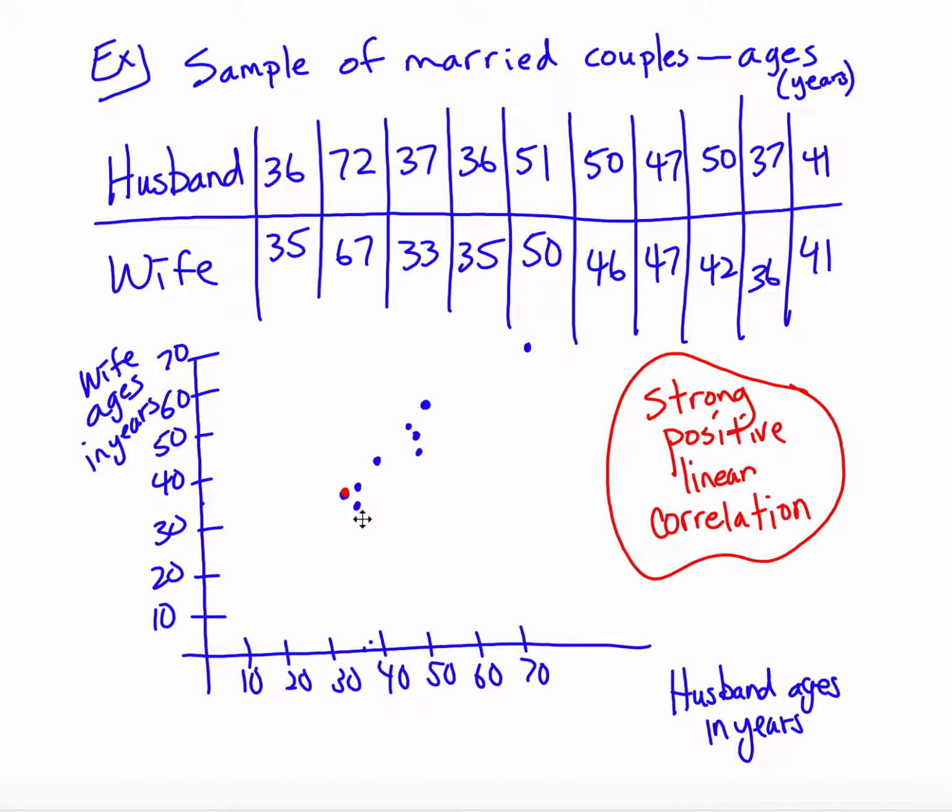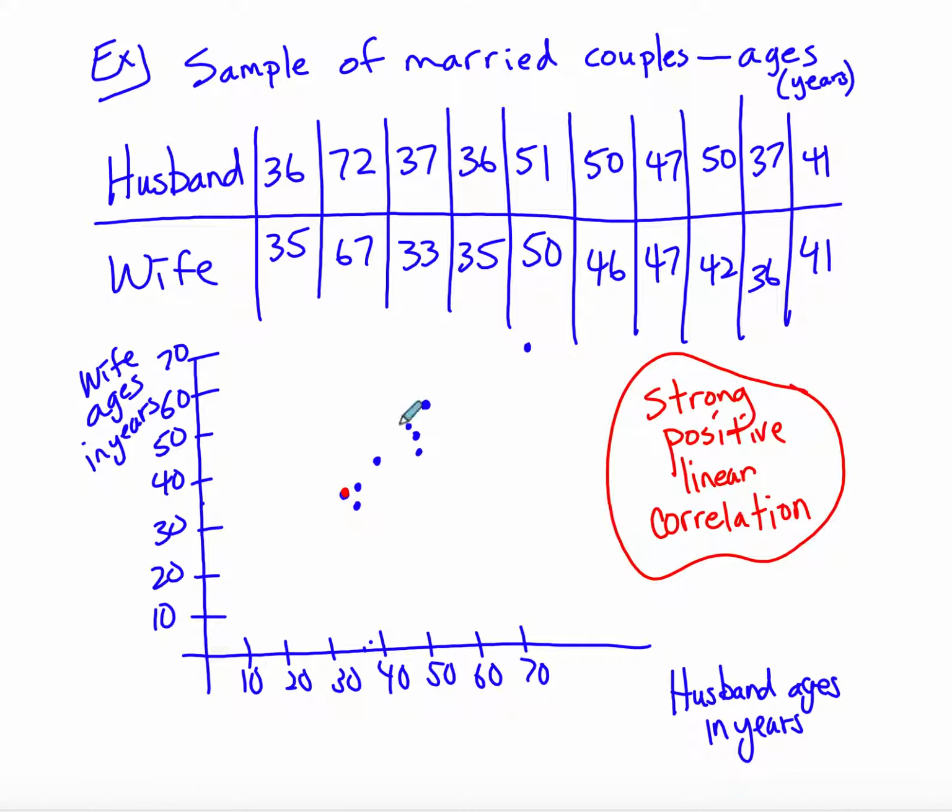The way you create a scatter plot is you make one variable your x variable and one variable your y variable. In this case, let's put the husband's age on the x variable and the wife's age on the y. So we've got our husband's age in years along the x-axis, our wife's age in years along the y-axis. Again, you do want to label that.